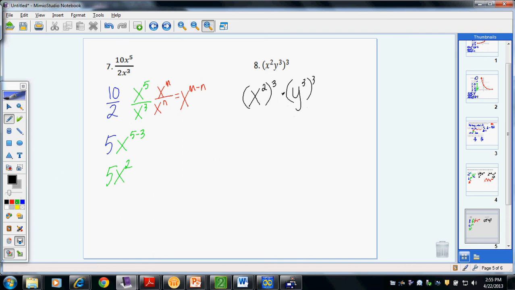And again, our rule before with power to power is x squared to the third power is x to the 6th times y cubed to the third power is y to the 9th. So that's our answer. X to the 6th, y to the 9th.